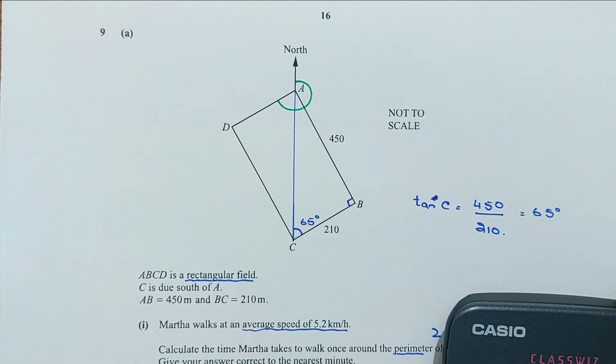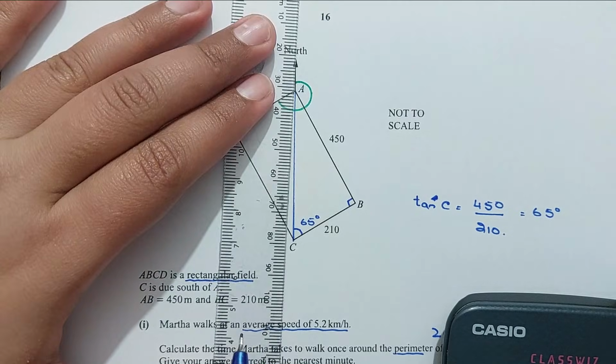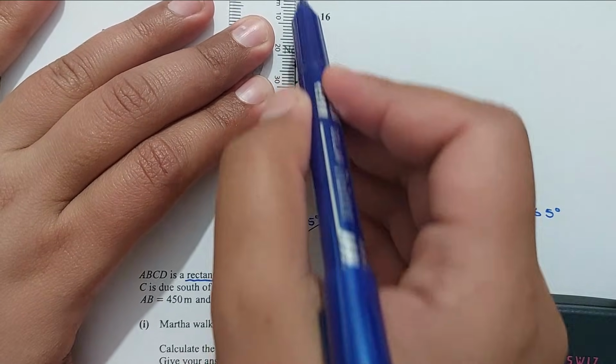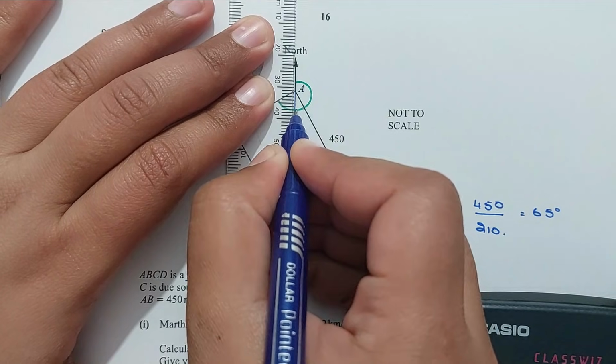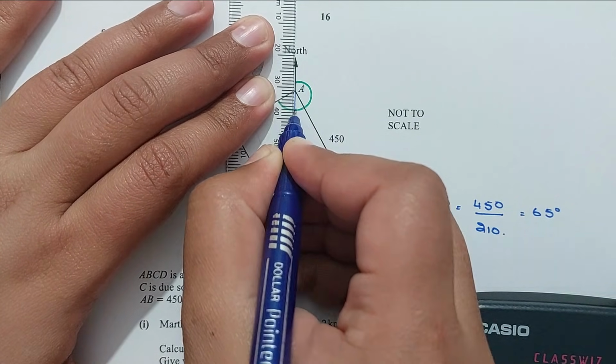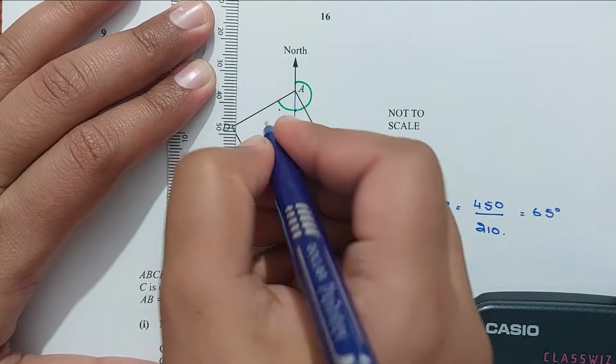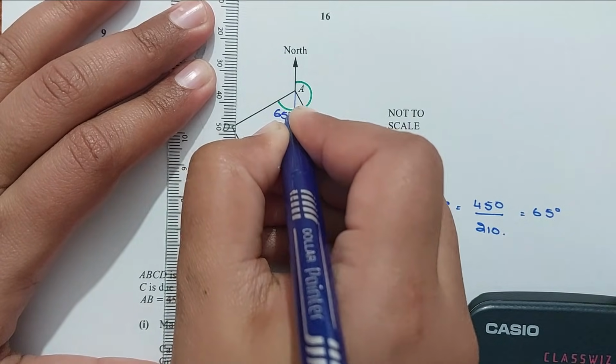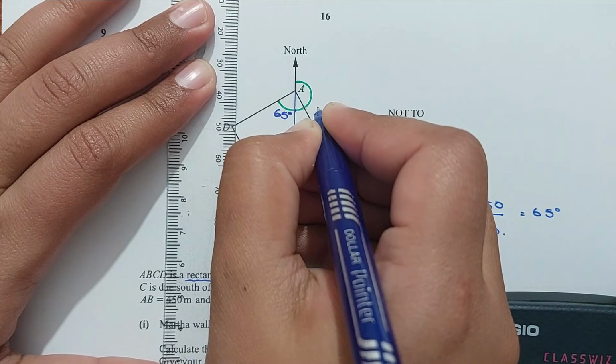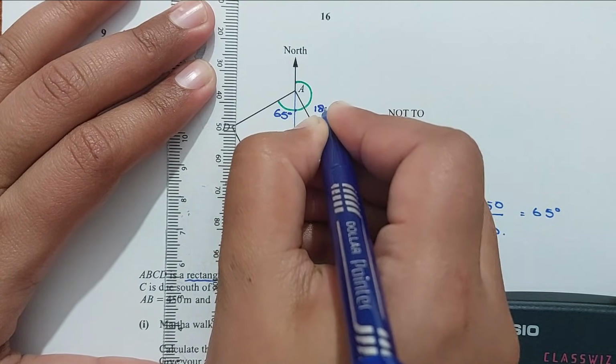So as you can see, we are given that C is due south of A, and if I extend this north line, this would be a straight line, and that is equivalent to 180, right? And this angle and this angle are alternate angles, so these are equal. So this is 65 and this is 180.